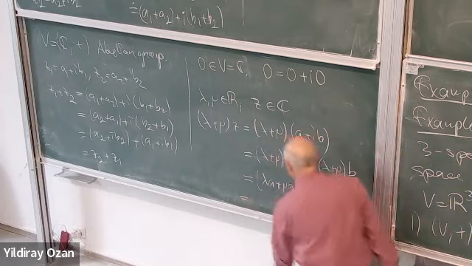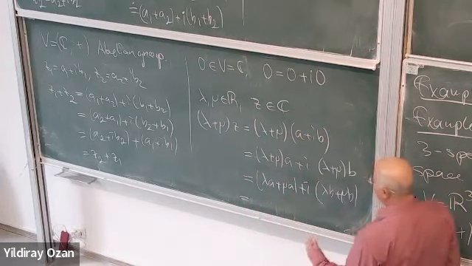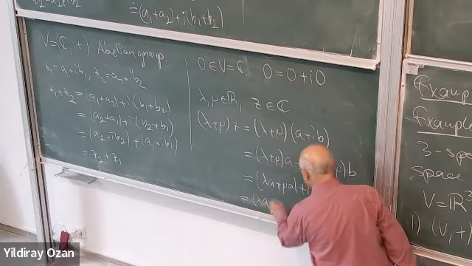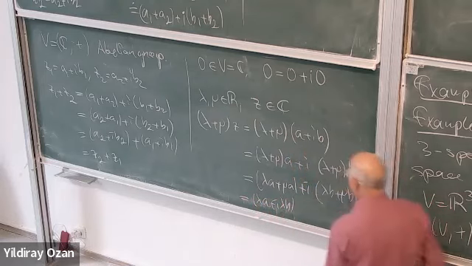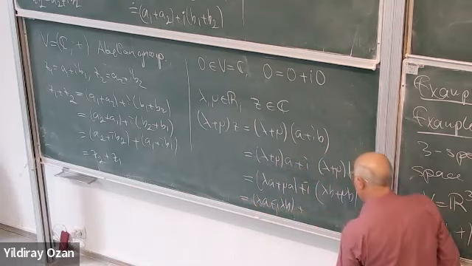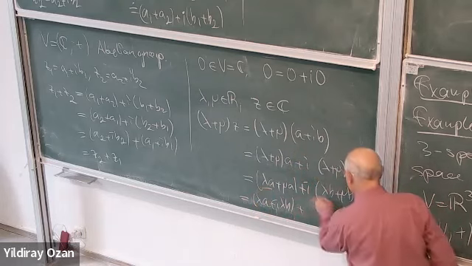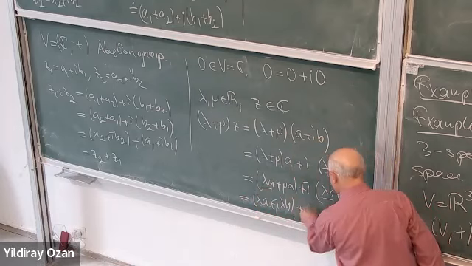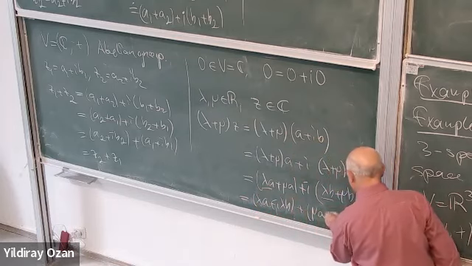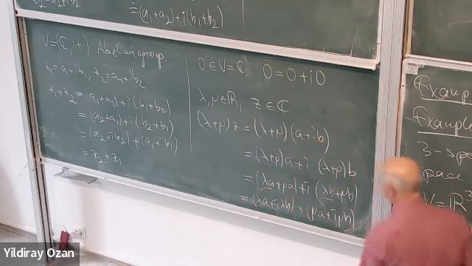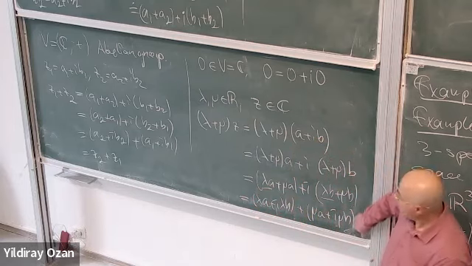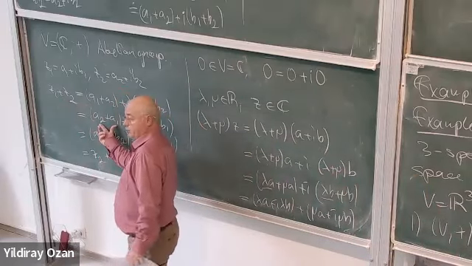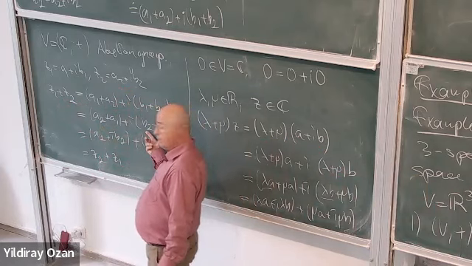Well, this is just the sum of two complex numbers, namely lambda times a plus i times lambda times b, and mu times a plus i mu b, right? This is the definition of addition of two complex numbers. How do I add two complex numbers? I add the real parts, and then I add the imaginary parts.